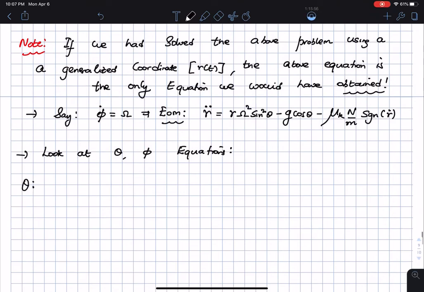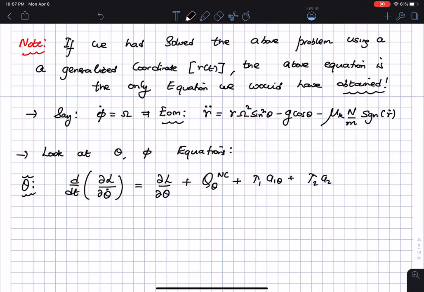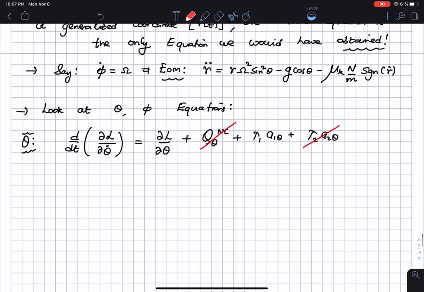If I just rewrite that, after cancelling some of the terms, we have d by dt of dL by d theta dot is equal to dL by d theta plus Q theta nc, and then lambda 1 a1 theta, lambda 2 a2 theta. We had knocked off some of these terms. This was also gone, and a1 theta was equal to 1 for us. So if I do the substitutions, here is what I end up getting.